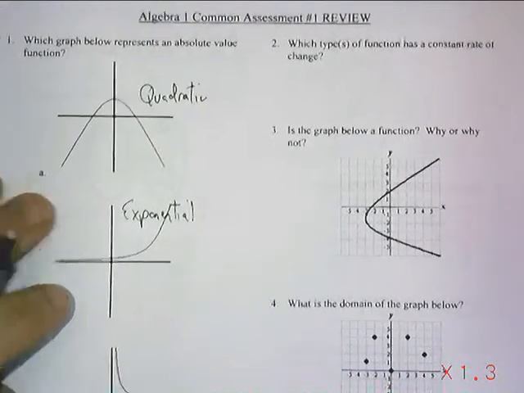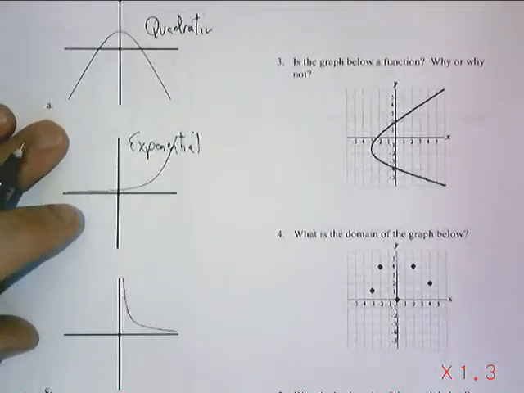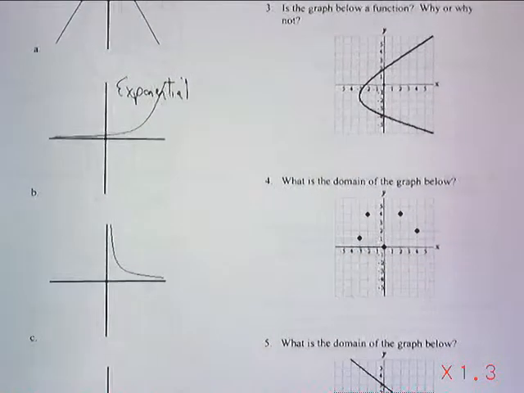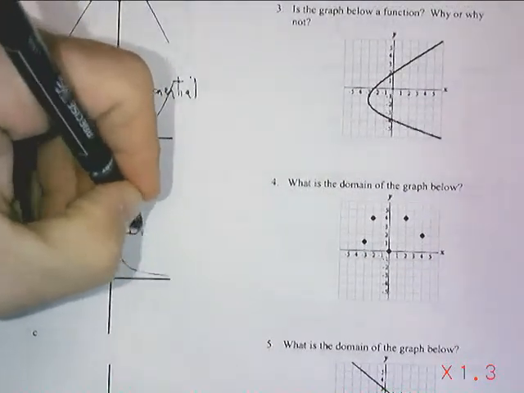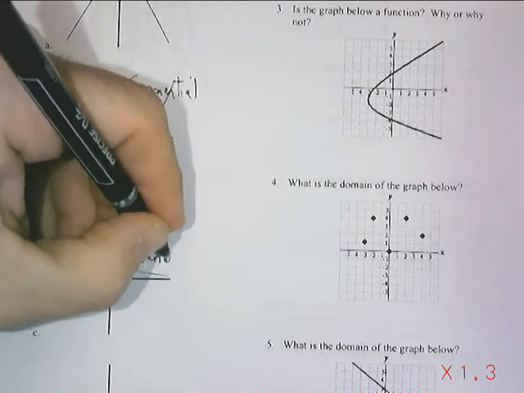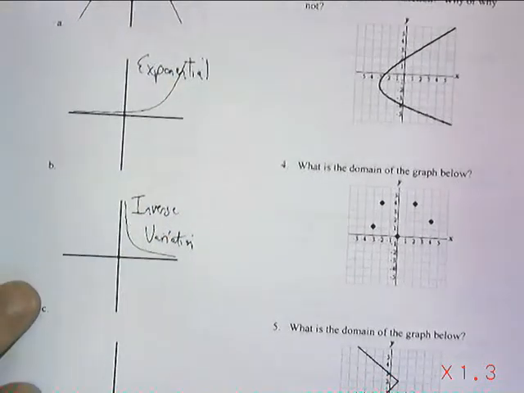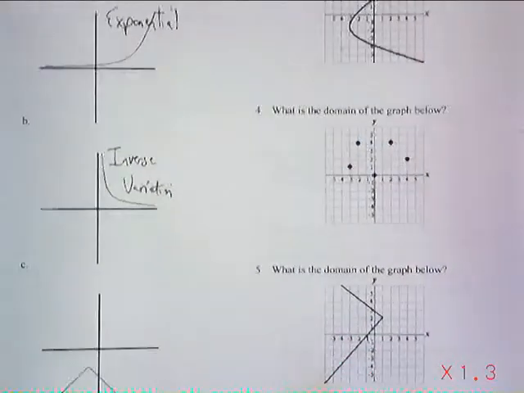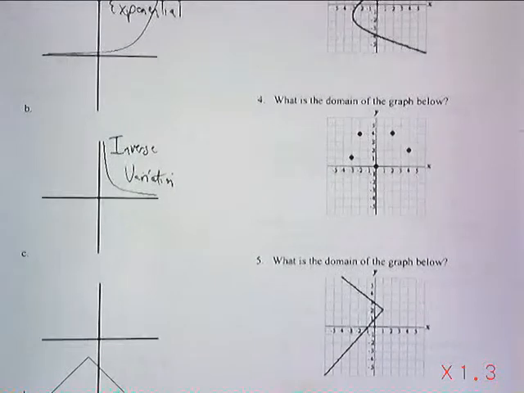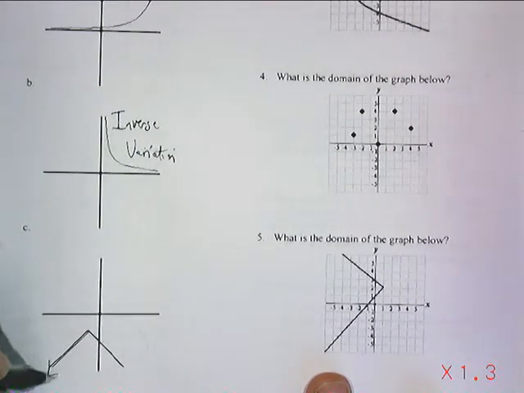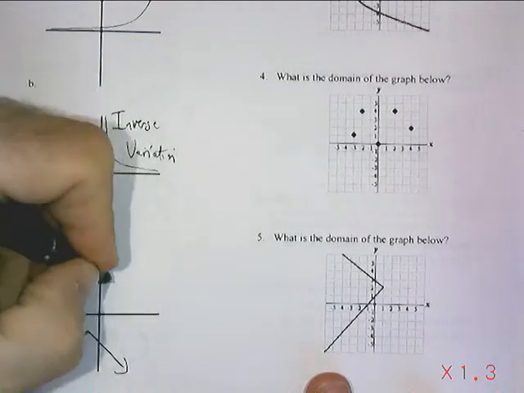The third one is inverse variation. And the fourth one is a V, and V is our clue for it being absolute value.